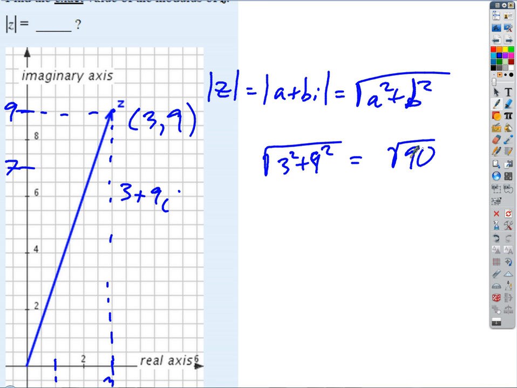What's a perfect square that goes into 90? 9. So I could make it square root of 9, which is 3, times square root of 10. Okay, good? We're done? That one won't go any further, will it? Okay, because there's no perfect square that goes into 10. Okay?